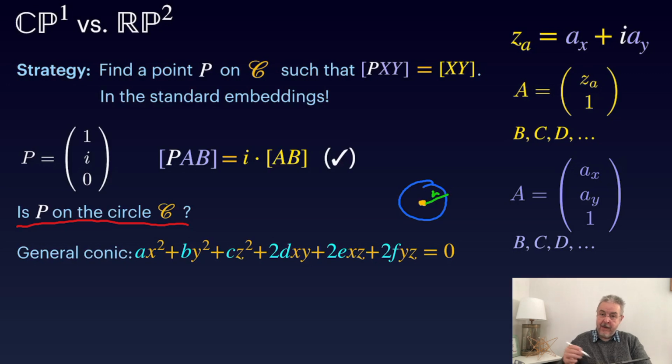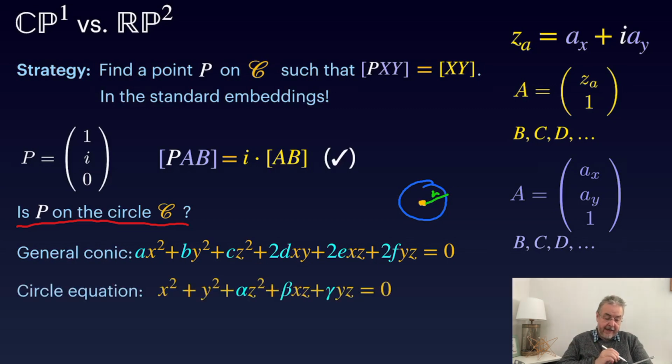Then you can write down the equations of that circle and see what this causes on the parameters of the conic. If you do that, you will recognize that a generic circle equation has this form here. You have x squared and y squared occurring both with the same factor, and then you have some parameters at the z squared term, the xz term and the yz term, and the xy term somehow completely vanished.